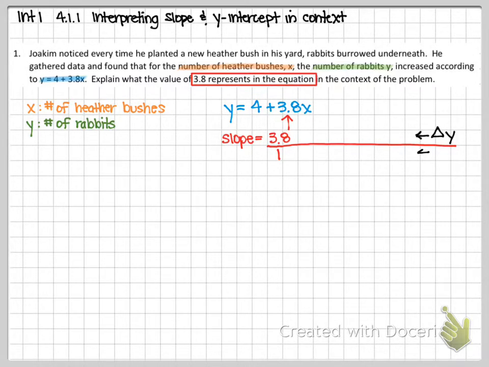I also remember that the change in x goes in the bottom. So I'm going to take the variables that are defined for me that I pulled out, and I'm going to put them where they belong. So for change in y, I'm going to go back to my list over there on the left-hand side, and they told me that y was the number of rabbits. So I'm going to put 3.8 rabbits on top.